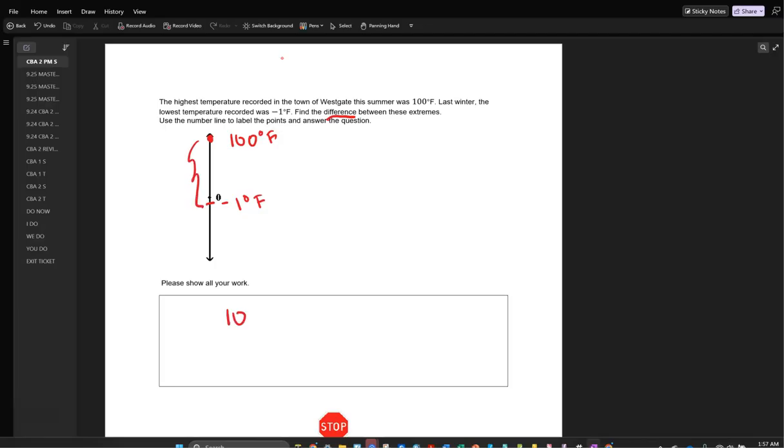So we're going to take 100 minus negative 1, which we can turn into keep, change, flip to the opposite, and get 101.